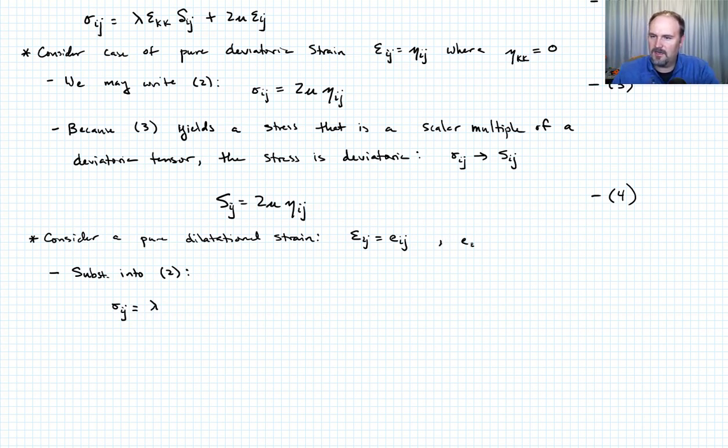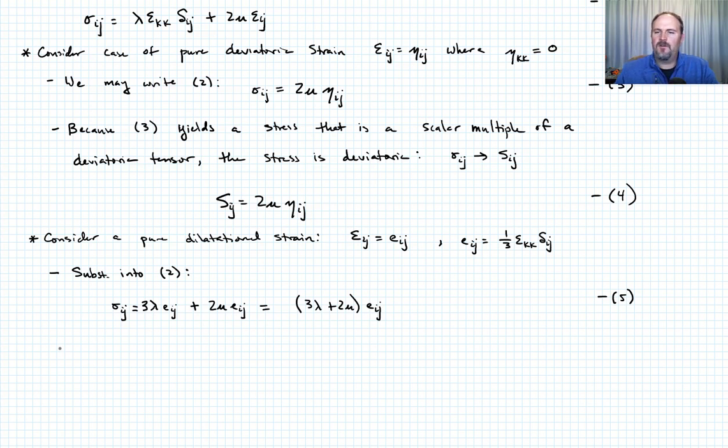Epsilon ij is equal to 1/3 epsilon kk delta ij. So this term epsilon kk delta ij must be equal to 3 times Eij. So the first term becomes 3 lambda times Eij, then plus 2 mu times Eij, which is equal to (3 lambda plus 2 mu) times Eij. Let's call that equation 5.